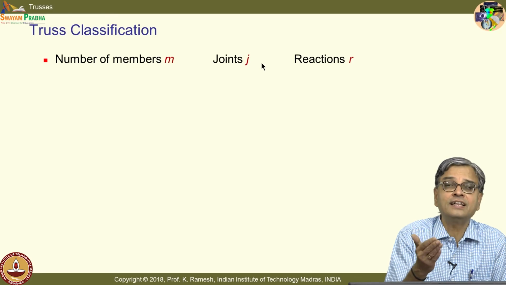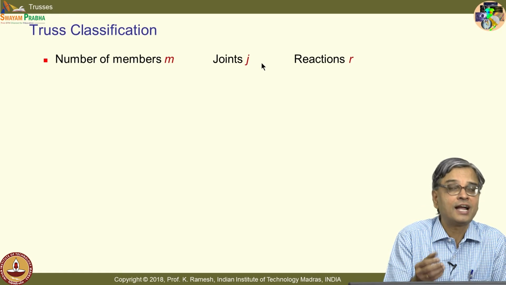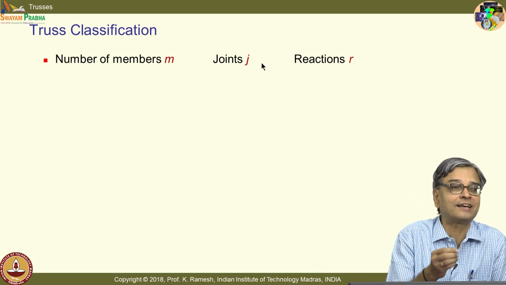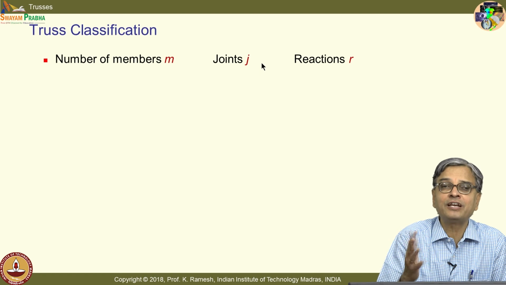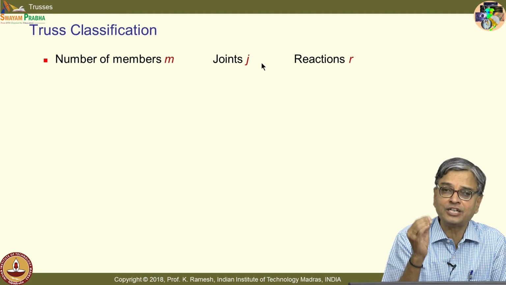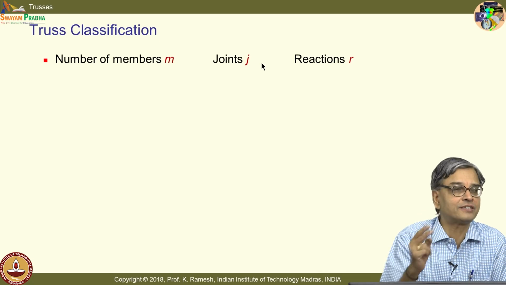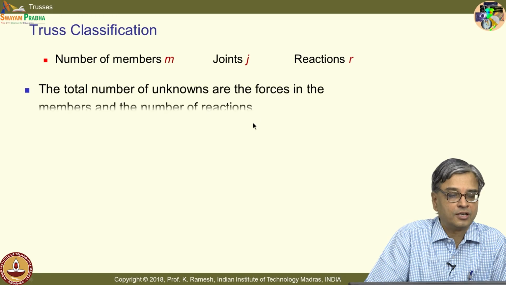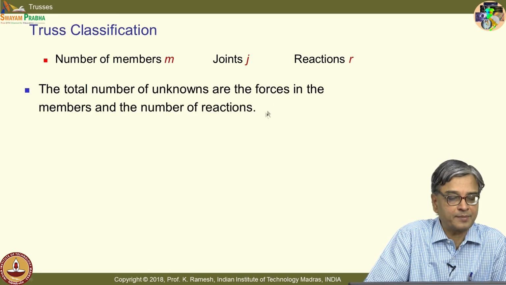We have already said the members have to be aligned properly at the joint and apply load only at the joint. So, I make the system concurrent. Writing a moment equation is not going to give me anything extra. So, I can write only two equations per joint. The total number of unknowns are the forces in the members and the number of reactions.